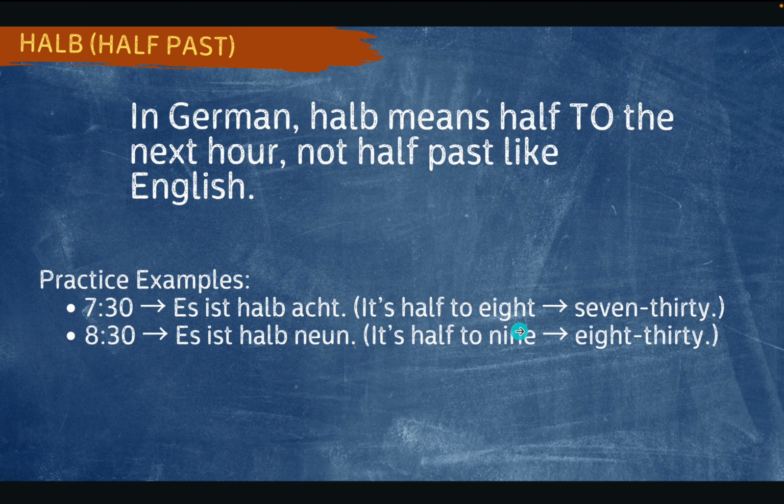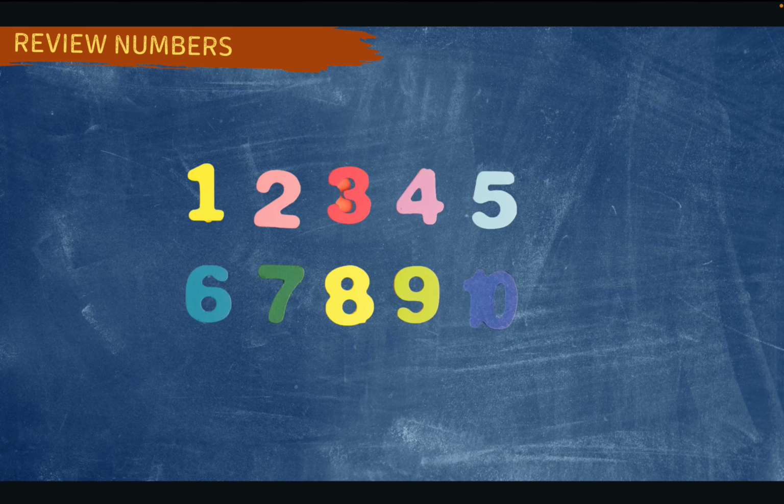When you say 8:30 in German, es ist halb neun. It's half to 9, because even if it starts with 8, the next hour is 9. And here's another word with EU, that's why it's oi, neun. EU sounds oi.